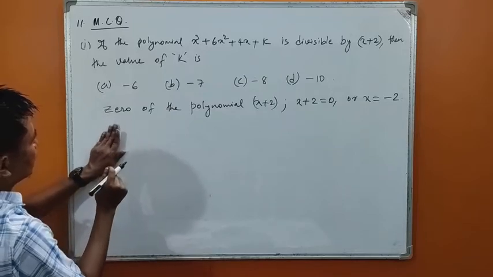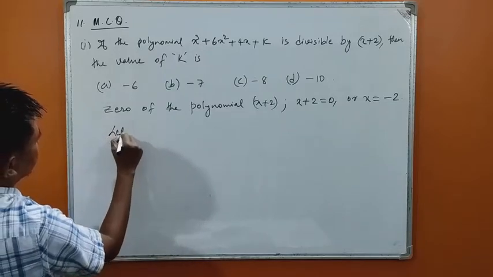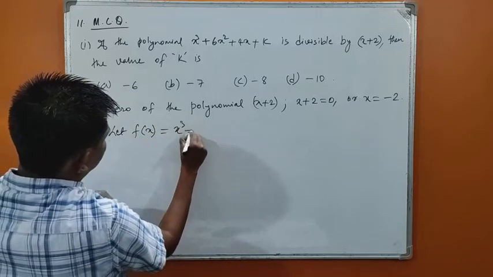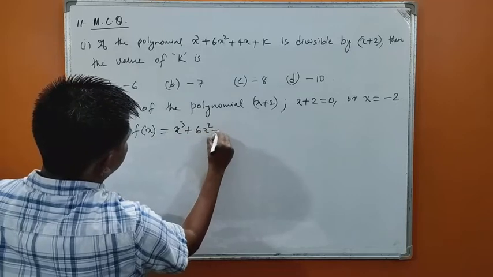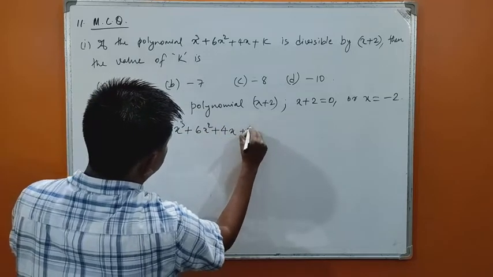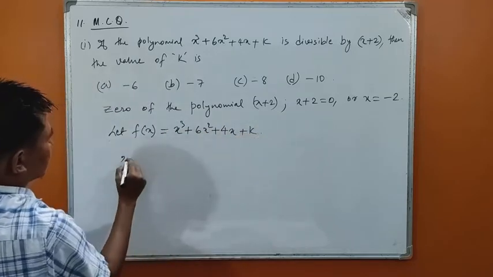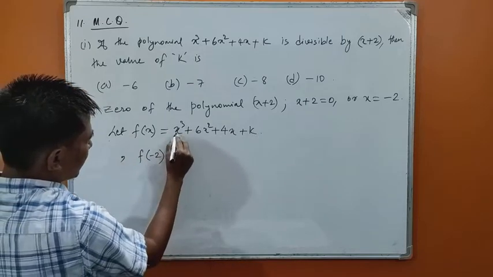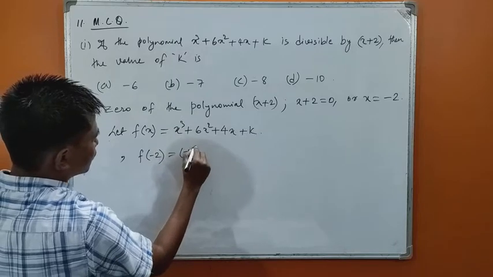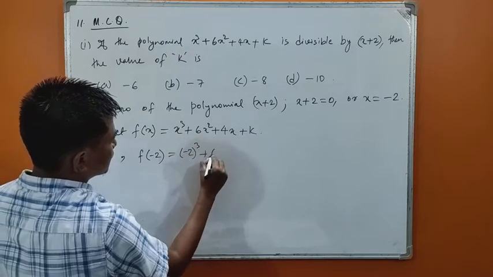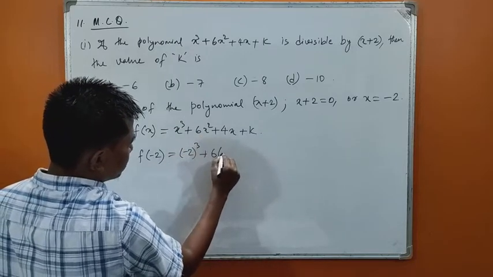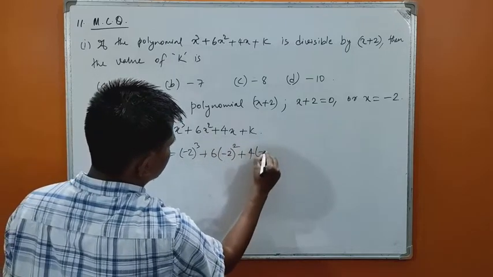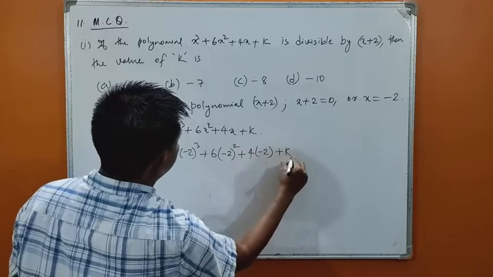Let fx equal to x cube plus 6x square plus 4x plus k, so remainder will be f minus 2. F minus 2 equal to x cube means minus 2 cube plus 6x square means 6 into minus 2 square plus 4x means 4 into minus 2 plus k, isn't it?